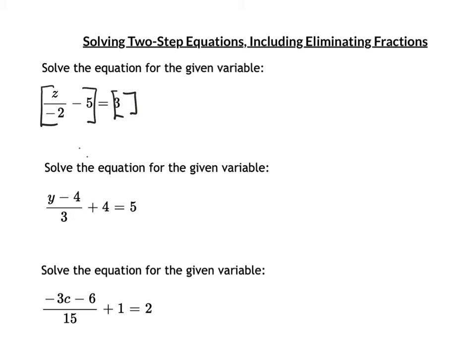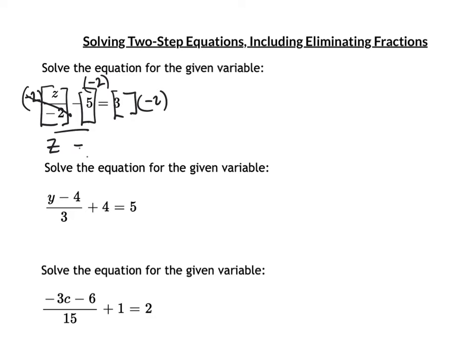Now, when I multiply by negative 2 on both sides, over on this side here, I have to distribute. I have to take the negative 2 to the first one, and take the negative 2 to the second one. Now I'm multiplying by negative 2. I'm not subtracting. So these negative 2s cancel, and I get z minus.